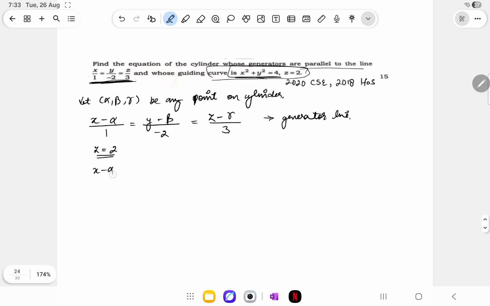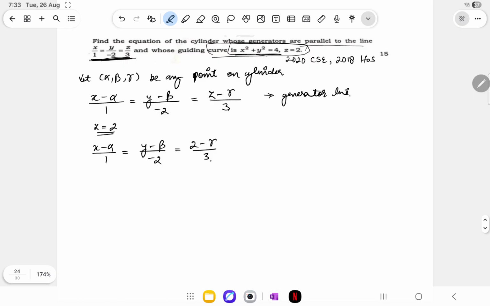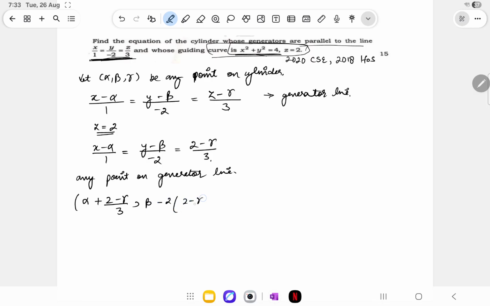So I'll get x minus alpha by 1 is equal to y minus beta by minus 2 is equal to 2 minus gamma by 3. From here I can find an arbitrary point on the generator line. That would be alpha plus 2 minus gamma by 3, beta minus 2 into 2 minus gamma by 3, 2. This must satisfy this curve as well.